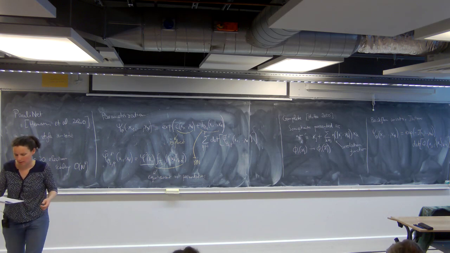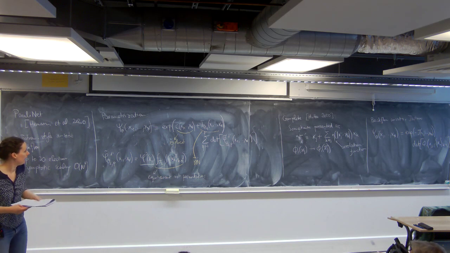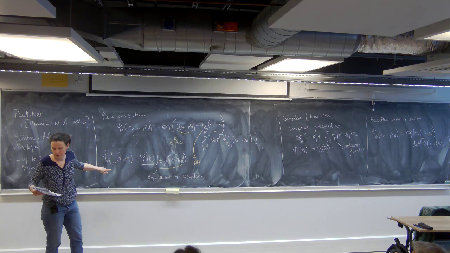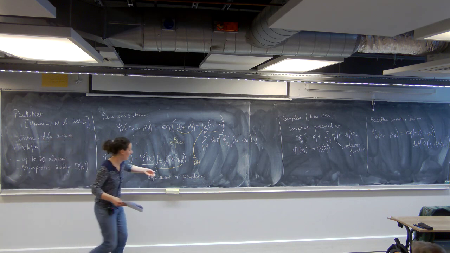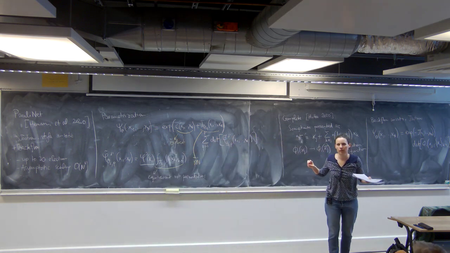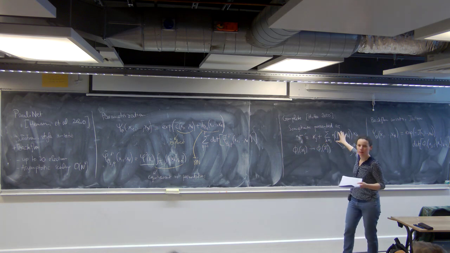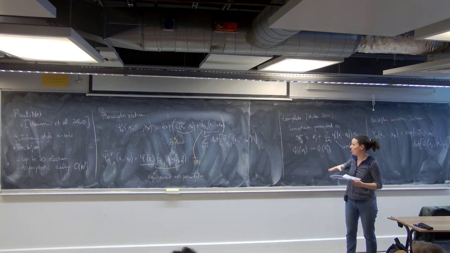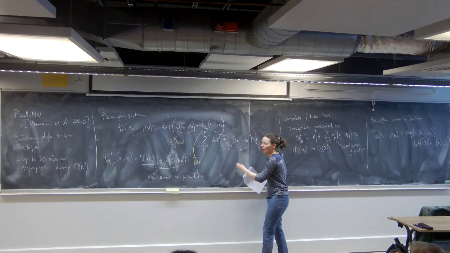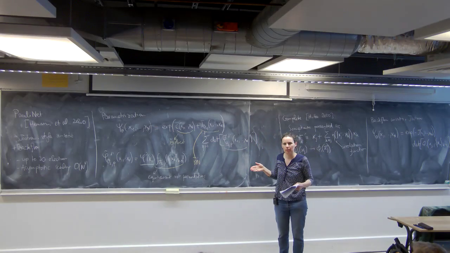Where is the backflow here? It's not a backflow in the original sense, it's some kind of generalized backflow. It's not directly this kind of transform. By backflow, I mean that here the orbitals depend on all the particles.